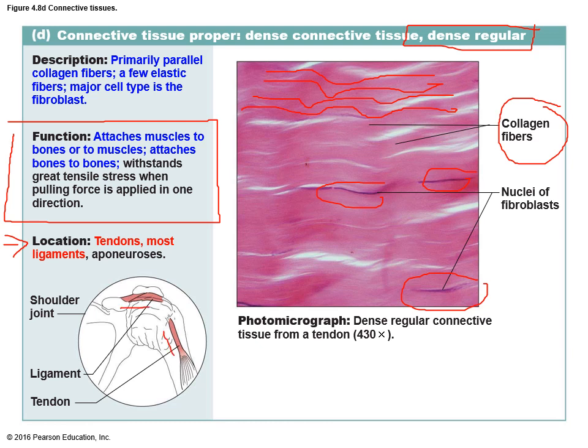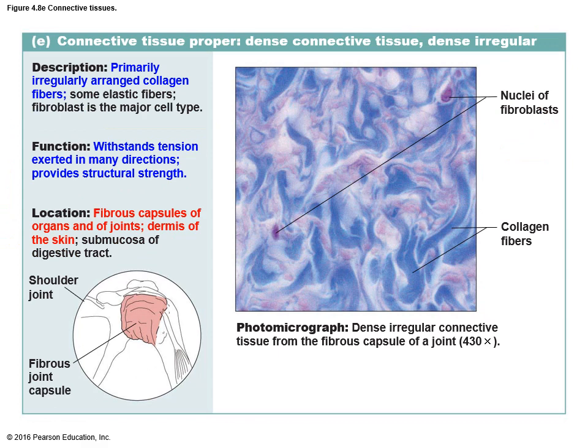Now, if there is a dense regular, it would make sense that there is a dense irregular, and that will be our next connective tissue. Dense irregular also has a high amount of collagen fibers, but now they are irregularly or abstractly put within the tissue type.